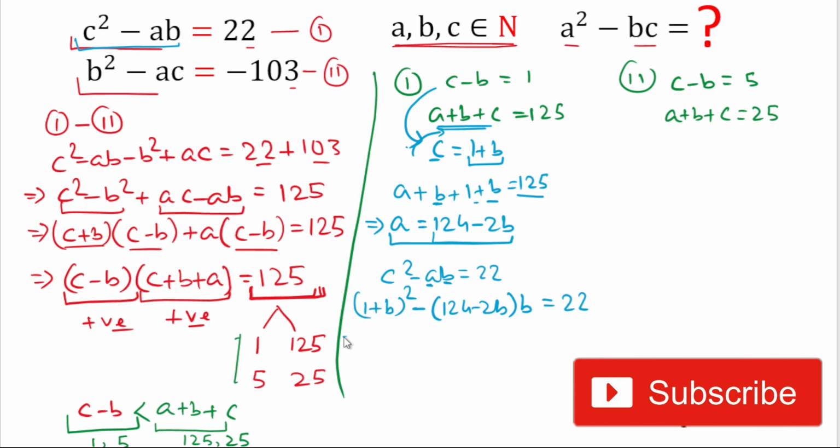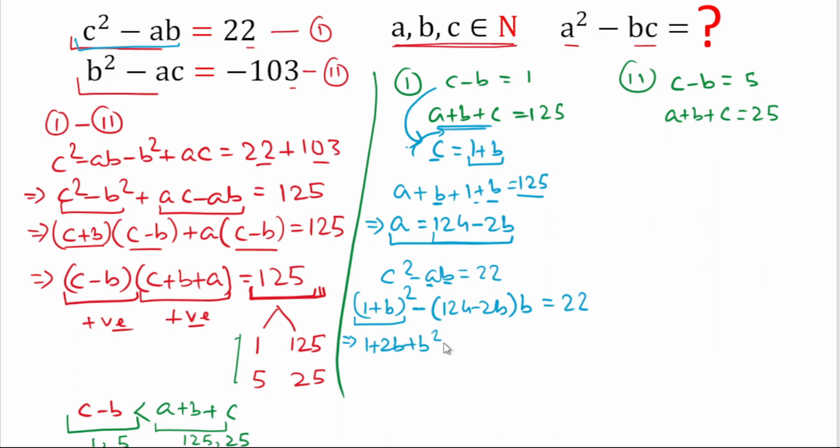So here we will simplify it, using the form of a plus b whole square, that is we can write 1 plus 2b plus b square minus 124b plus 2b square, that is equal to 22.